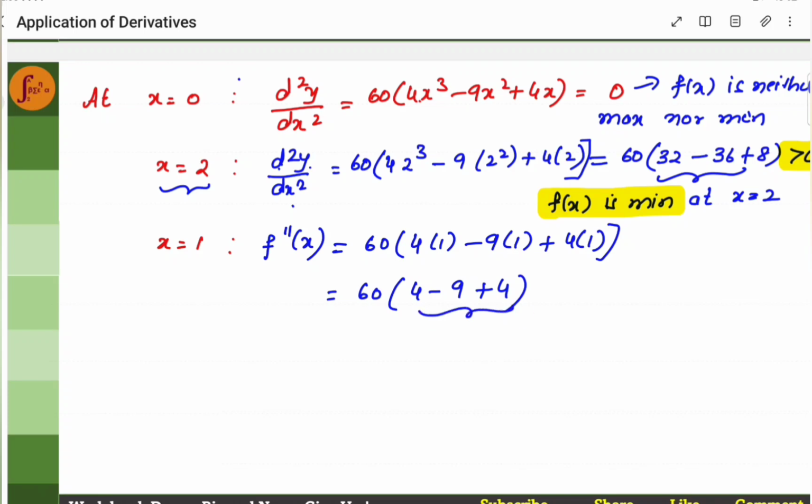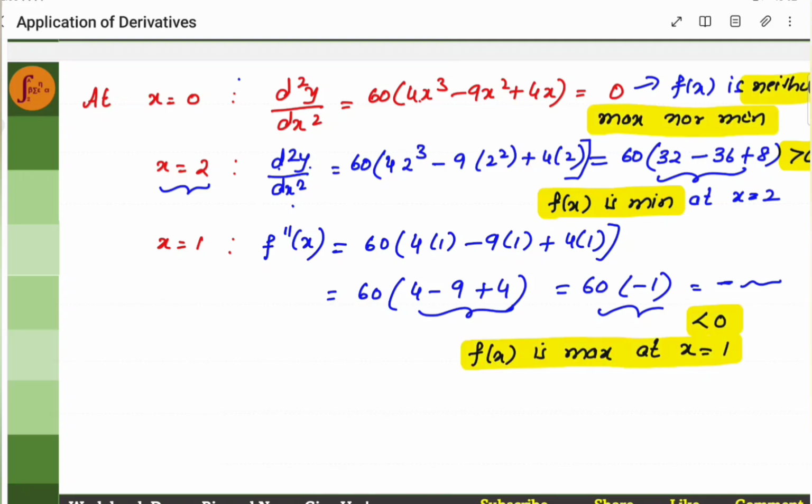If you notice, this is going to give me minus 1. 60 into minus 1, so it's going to be minus. I'll get some minus value. This means it's less than 0. Since it is less than 0, I can say f of x is maximum at x is equal to 1. Now we figured out at what values of x it is maximum, minimum or neither.